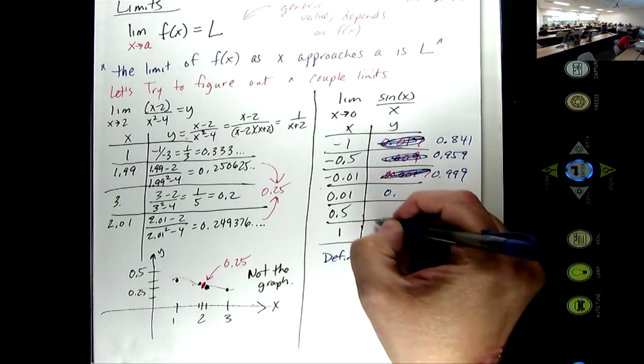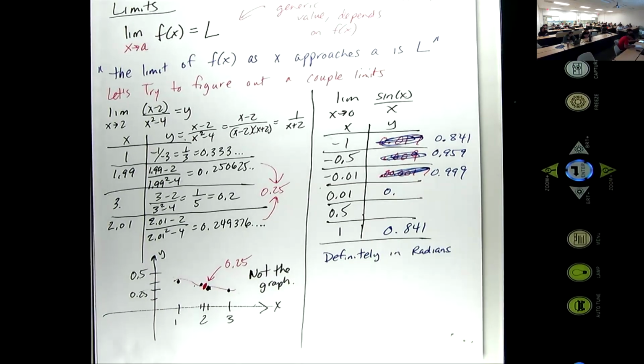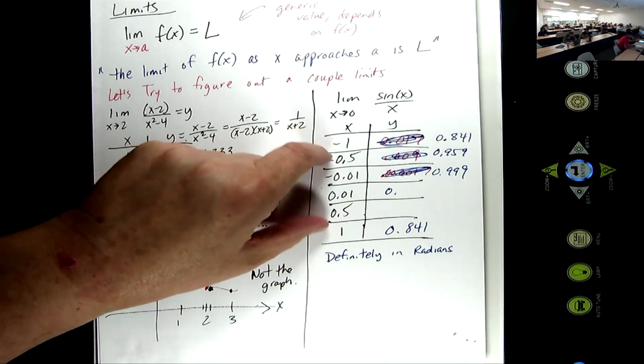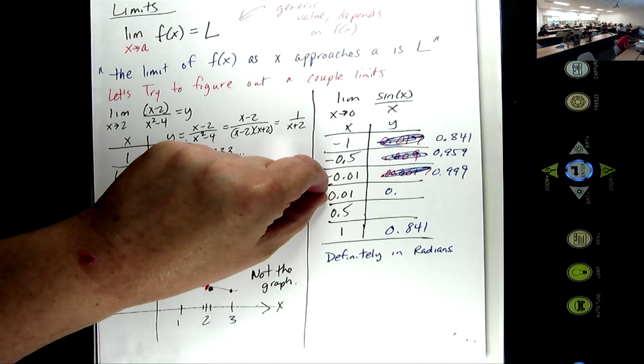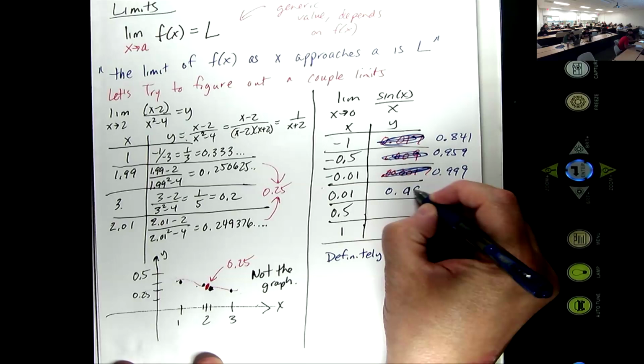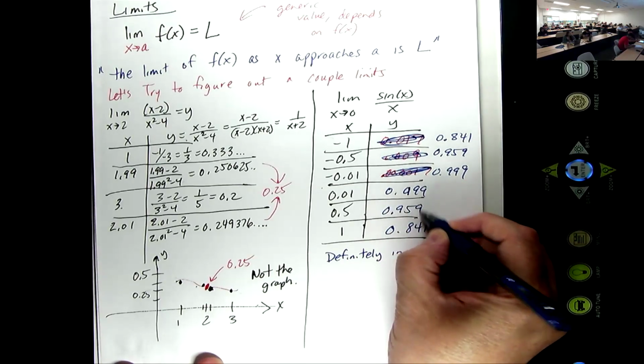For 1, I did 1. Okay. Well, that's neat, negative 1 and 1 have the same value. Interesting, right? I'm wondering if these other ones are gonna have the same value too. 0.01 has the same thing. 0.999. So I'm guessing this one's probably 959.